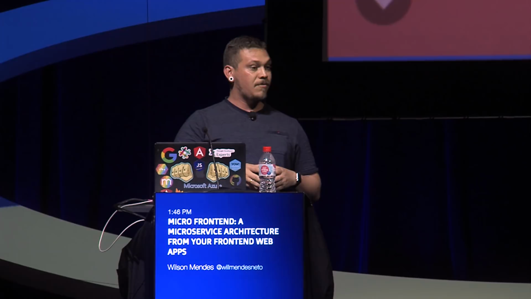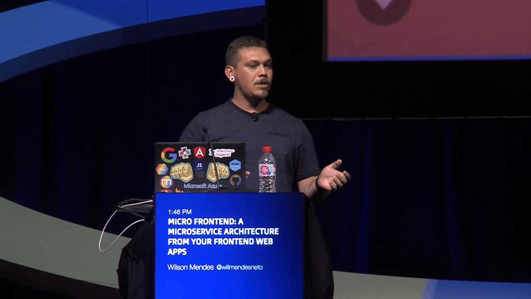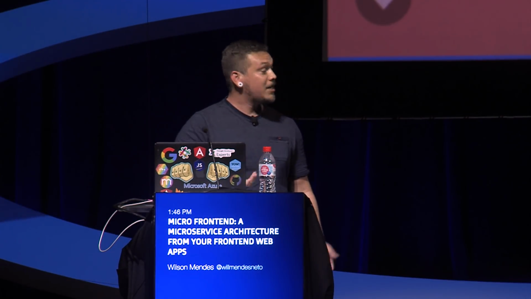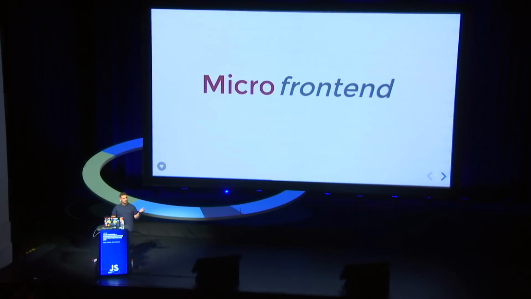If you have a bundle and you don't need to care about a lot of things, you have a micro bundle. And if you have a framework that needs to care about a specific boundary, you can use a micro framework, and so on and so forth. A long time ago, AngularJS just called this micro MVVM. And micro frontend. OK, so it's a microservice from a frontend.